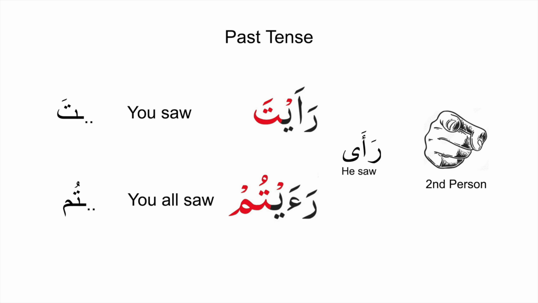When we speak to you, the meaning changes through the ending. When we add ta, it becomes ra'ayta, which means you saw. When the ending changes to tum, it becomes ra'aytum, which means you all saw.